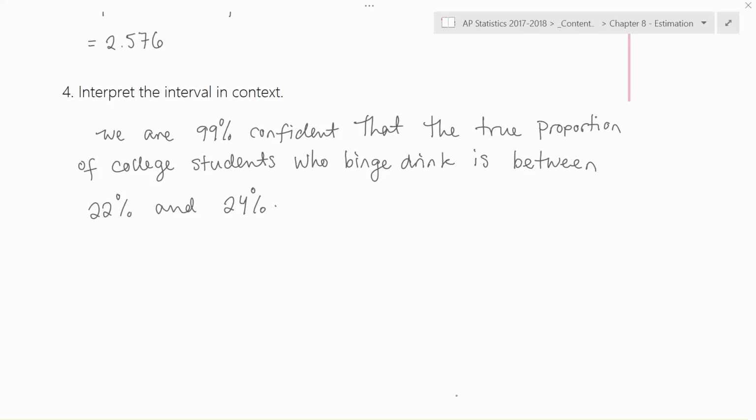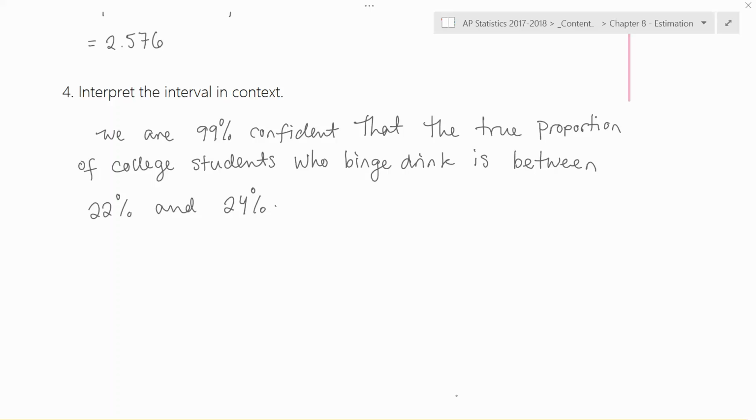So why might this be useful? Well, the Department of Public Health might be interested in figuring out how big of a problem this is, what kind of interventions are necessary. So confidence intervals are used often to figure out things like that. How big of a problem is this? What is the magnitude of this phenomenon that we're observing?